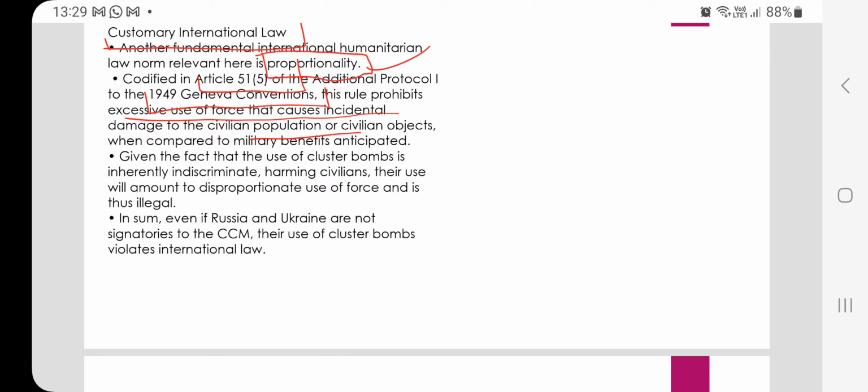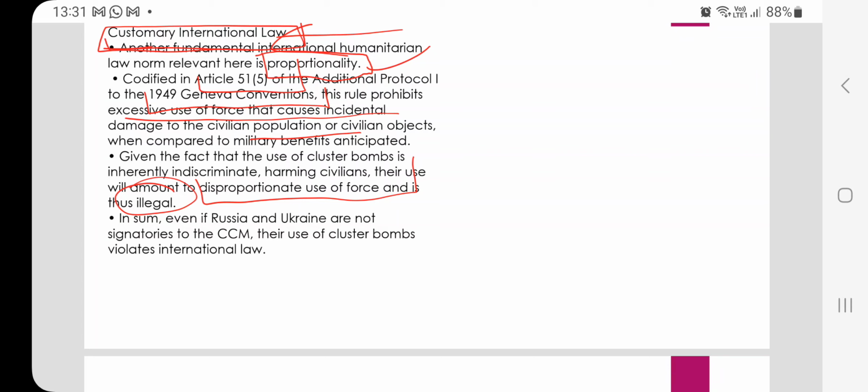Even the use of cluster bombs, in the amount of disproportionate use of force, is considered illegal according to this customary international law, irrespective of whether the country has signed the convention or not. So this is the argument the writer is bringing up. So the defense the US is providing is not valid. Just because it's not a party to the convention doesn't mean it doesn't have any other international obligations.